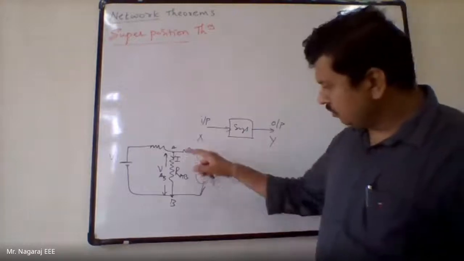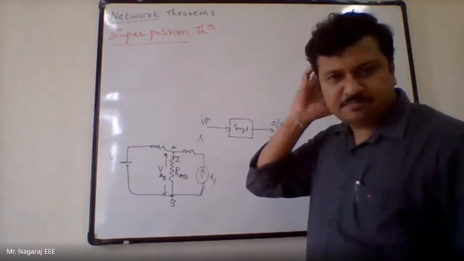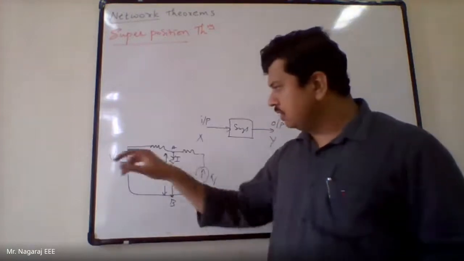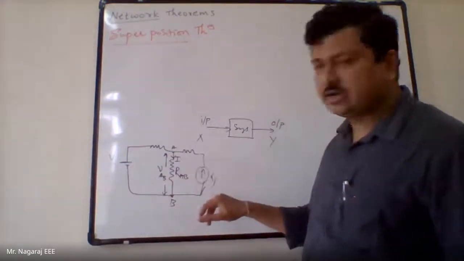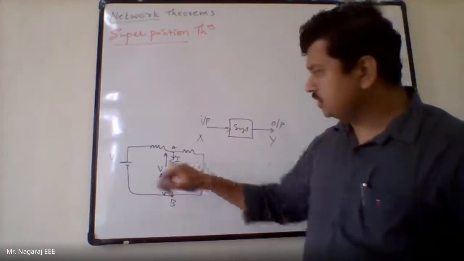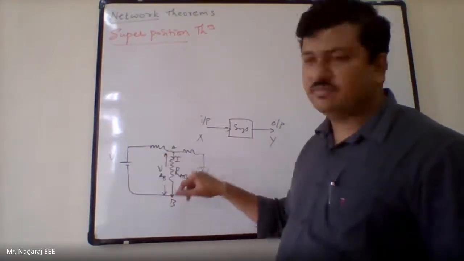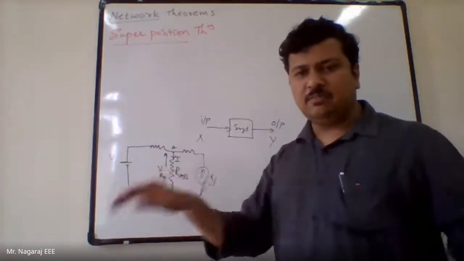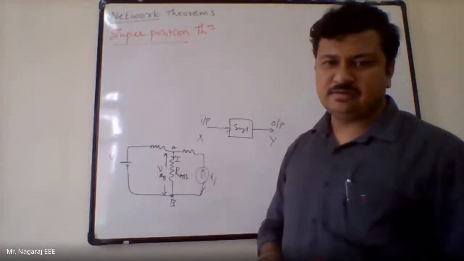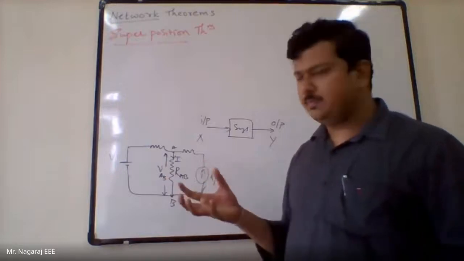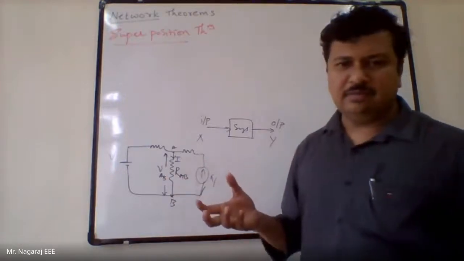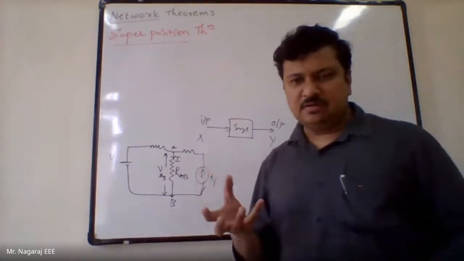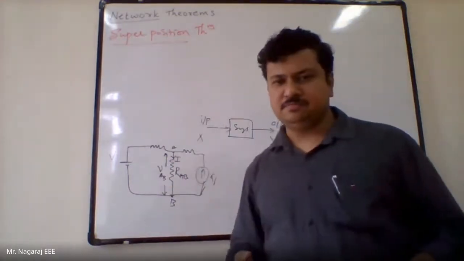Now, if I want to know what is the current in RAB, that is current I. The current I is due to the voltage source V as well as the current source I. Both the sources are having effect on the value of current in this resistor. How to get that? I am dissecting the circuit. To understand what is happening in one element, I will be looking into the circuit from each source point of view.